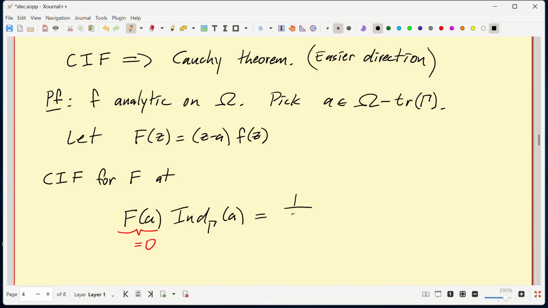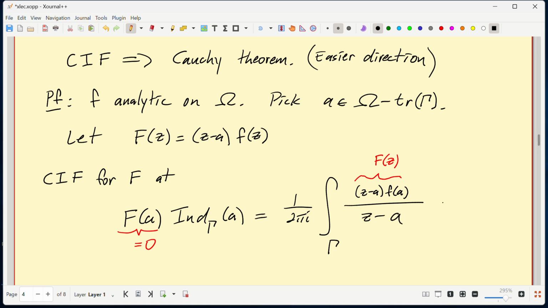equals 1 over 2 pi i integral around gamma, and this time we'd have F of z, which is z minus a times little f of z, and here we'd have z minus a, dz. The z minus a's cancel, and we get Cauchy theorem.